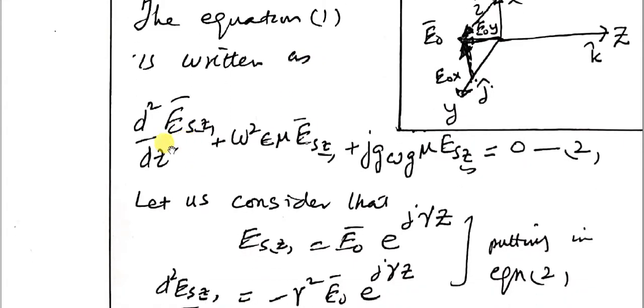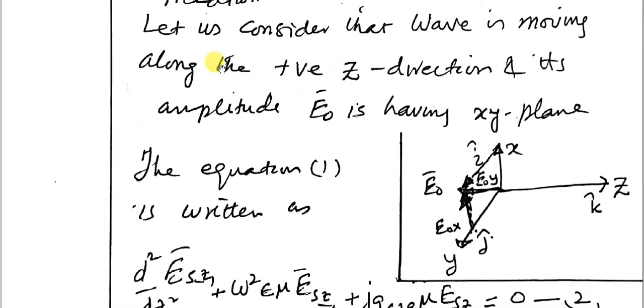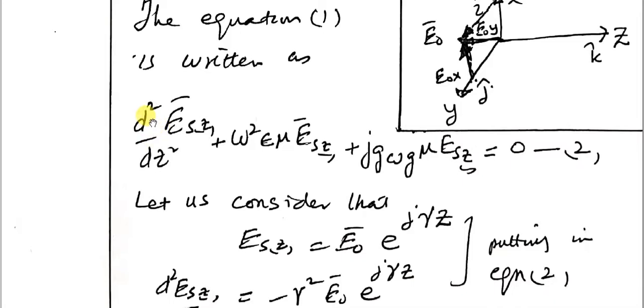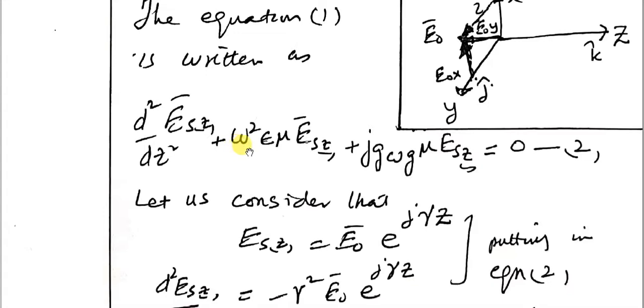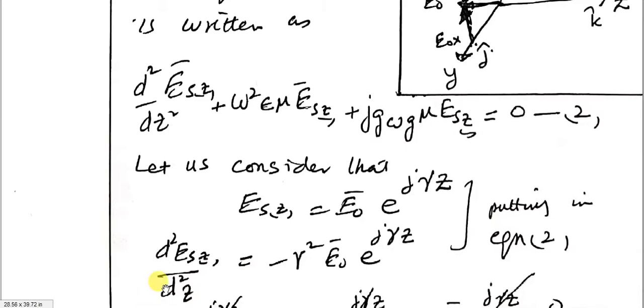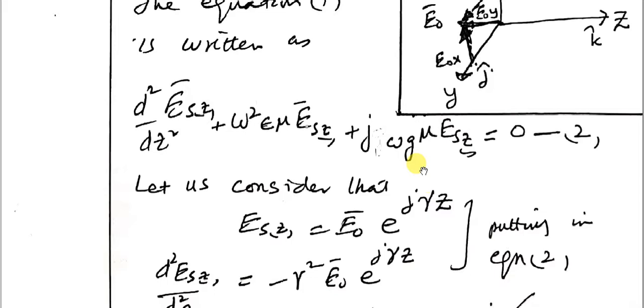So the three-dimensional del operator will take the form of the second order differential, which is d2 by dz square of E plus omega square epsilon mu E plus j omega sigma mu E is equal to 0. This is equation number 2.